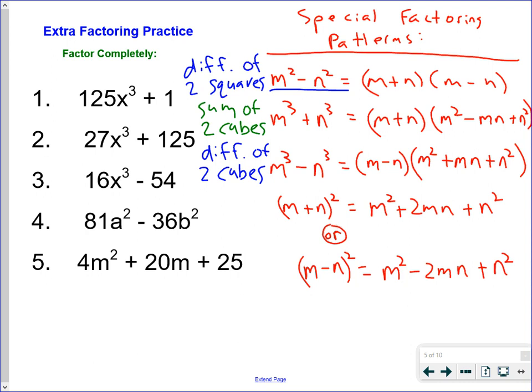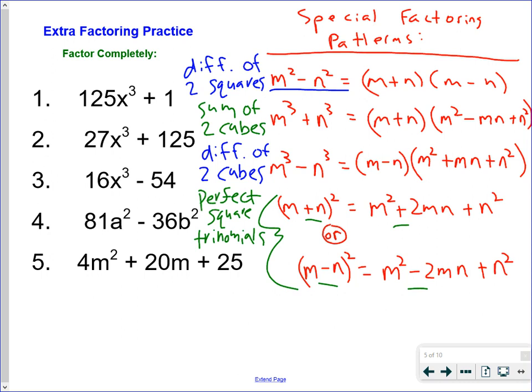m plus n squared and m minus n squared, both of these right here, they're both called perfect square trinomials. Okay? Perfect square trinomials. They're both called the same thing. They are slightly different because of the signs over here, but they both have the same name.